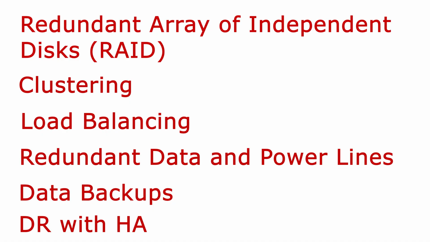And finally, the sixth control that will help keep your data available is having a good disaster recovery site with high availability. And again, we're not going to get into details as to what that means, but we can certainly discuss it in the comment section below, or you can send me a private message and I will further explain this to you.